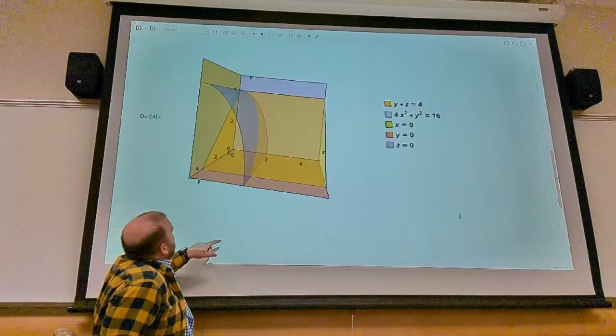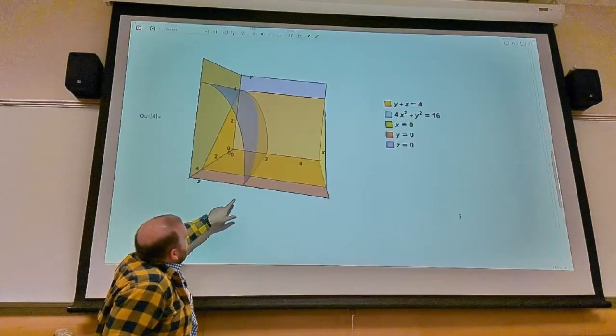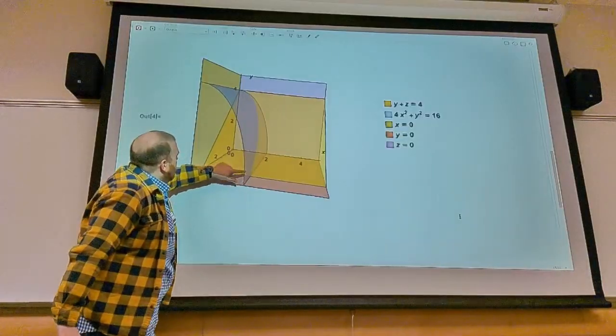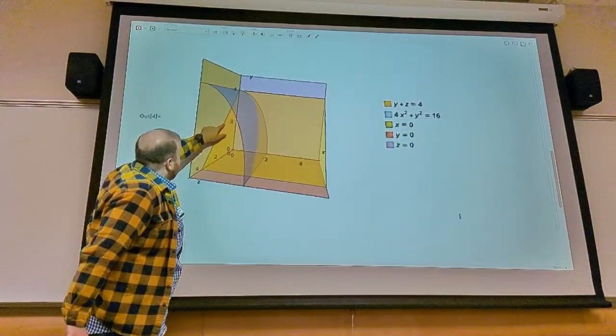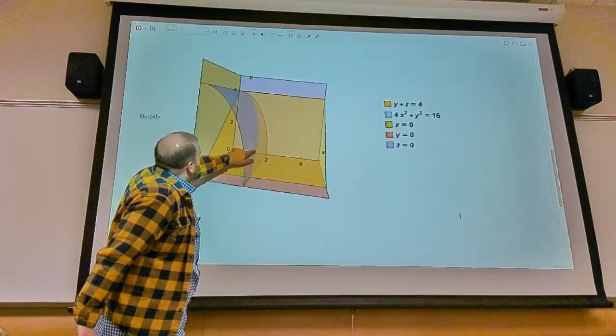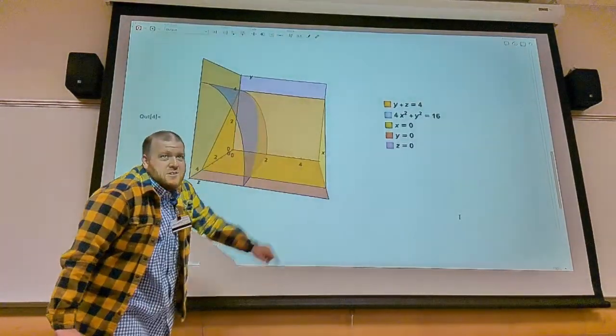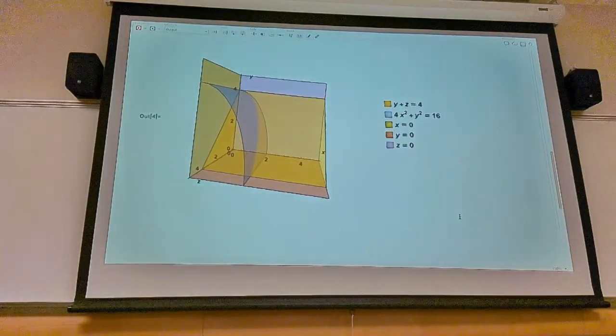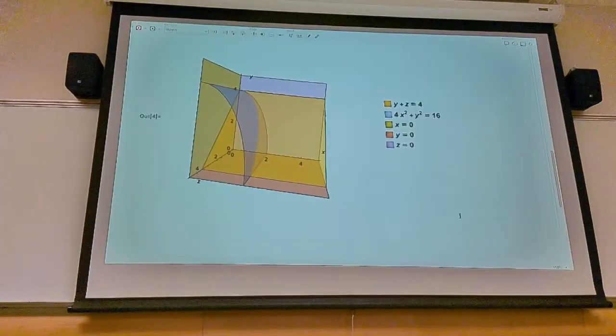The bottom as well. Just think of the picture.